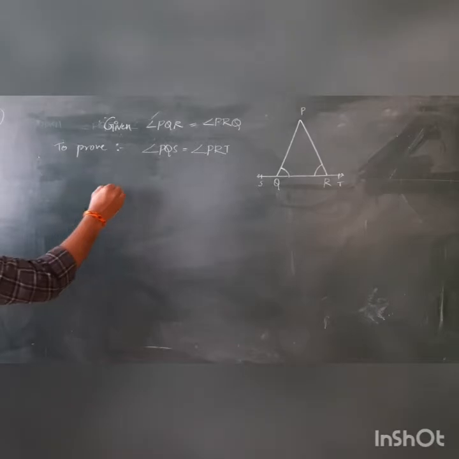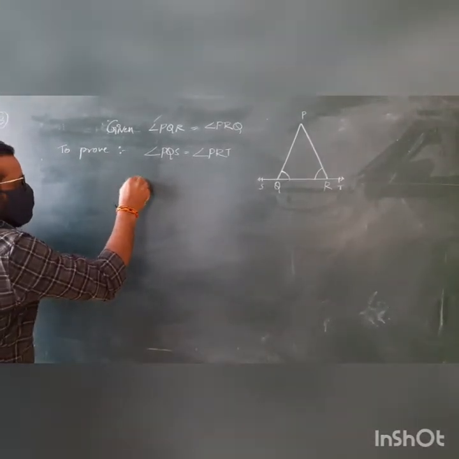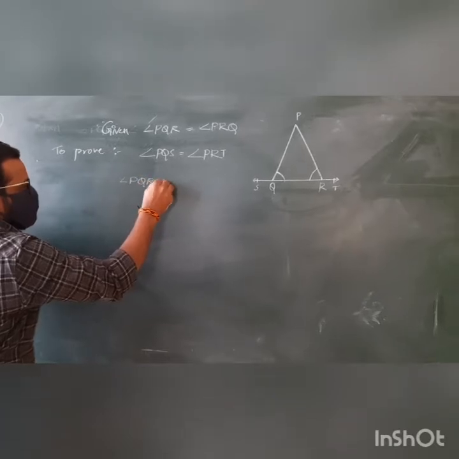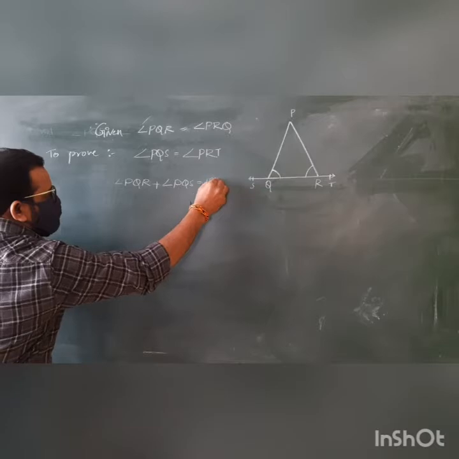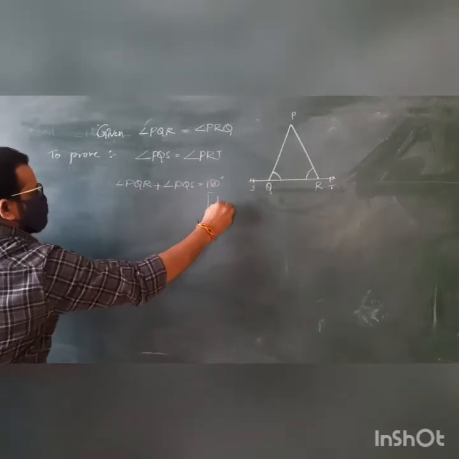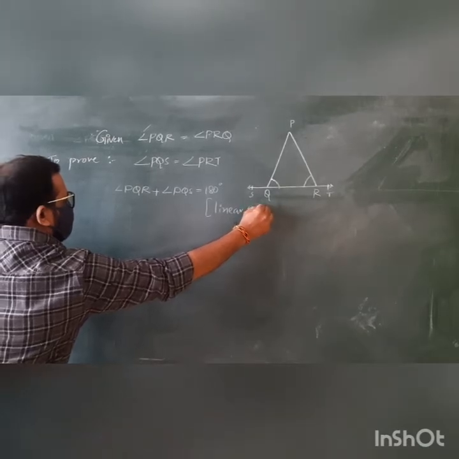Let us first take a linear pair. Here, angle PQR plus angle PQS equals 180 degrees, forms a linear pair.